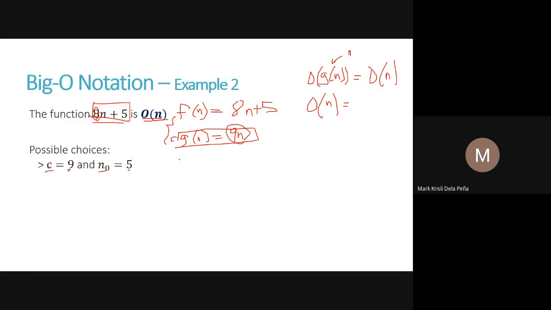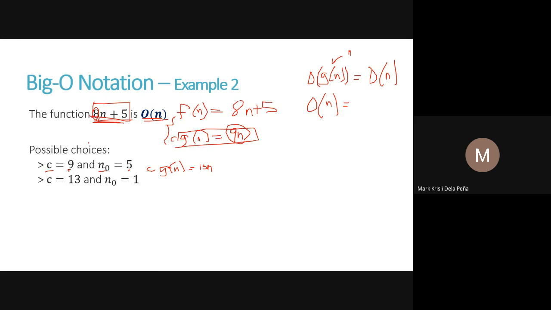Now we also have possible choices, and that's c is equal to 13 and n sub 0 is equal to 1, so that our cg of n will be equal to 13n, which is much greater compared to 8n plus 5. Again, there are possible choices as long as that would be greater than this function here.